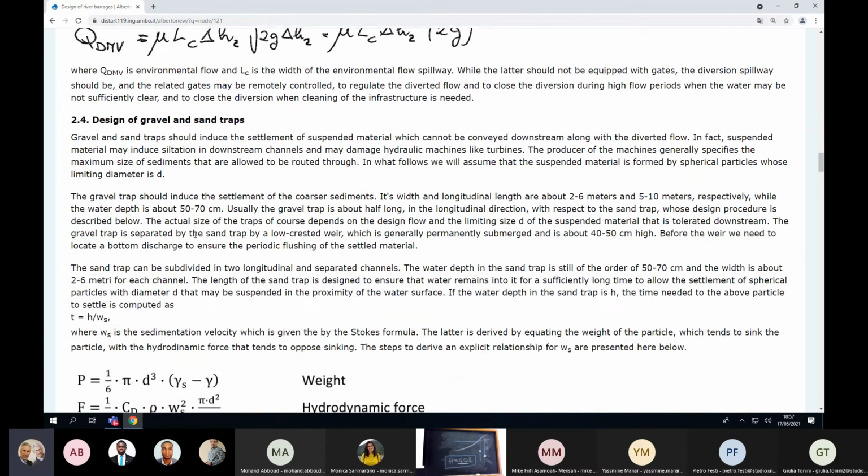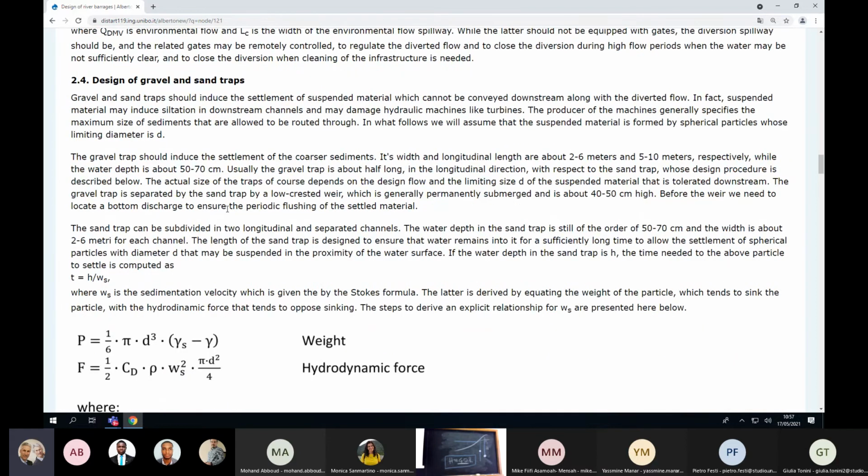You should also say something on the design of gravel and sand traps. This is another typical question, not the Stokes formula. So just give the Stokes formula for known, and then everything else, which is the sizing of the length of the sand trap and the sizing of the gravel trap, which we said it's usually done by using a heuristic approach.